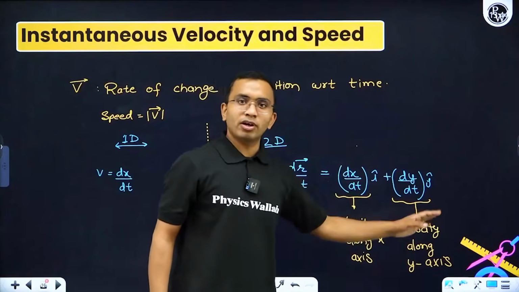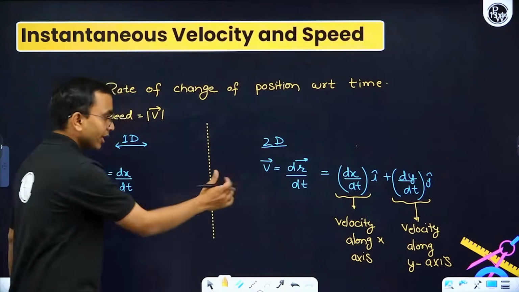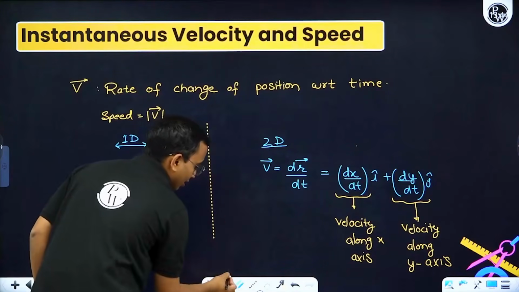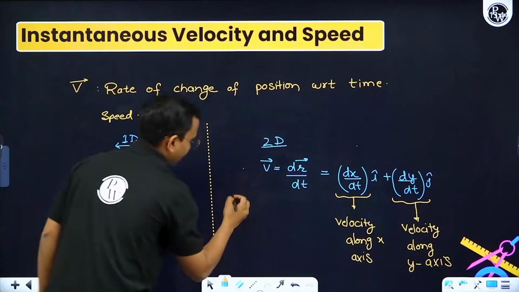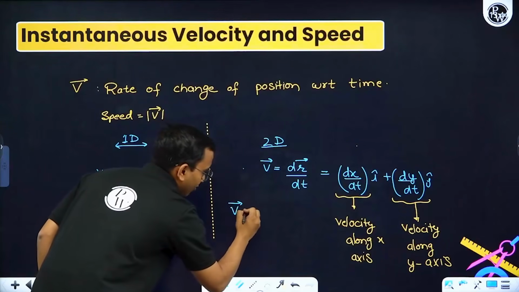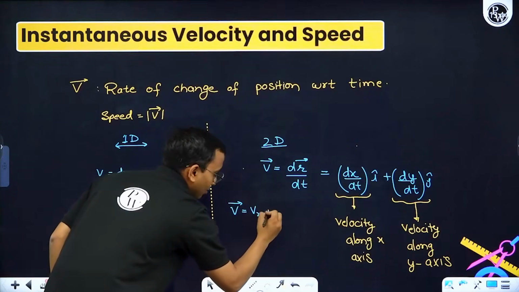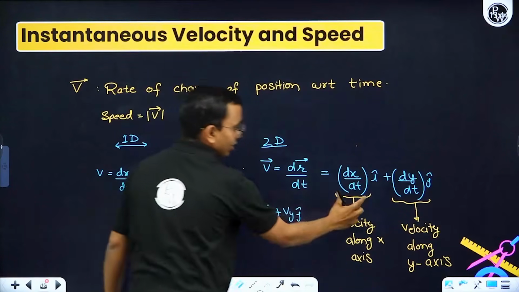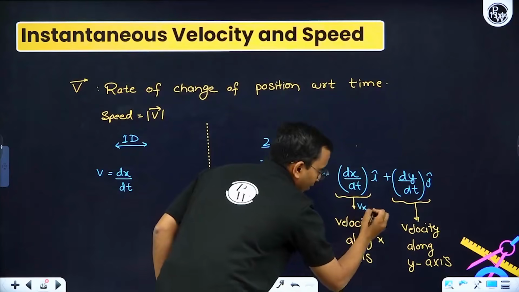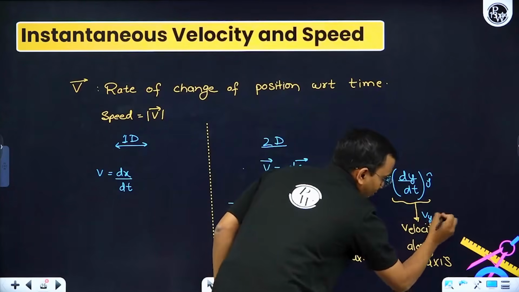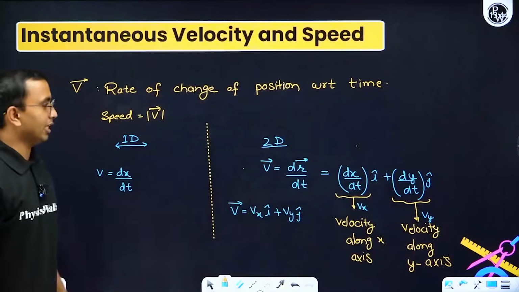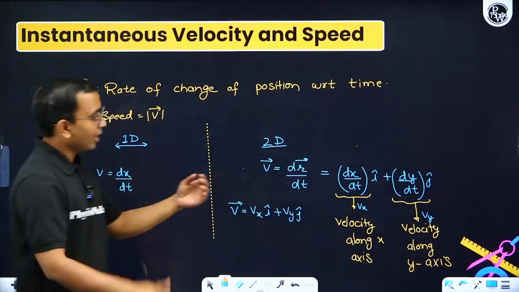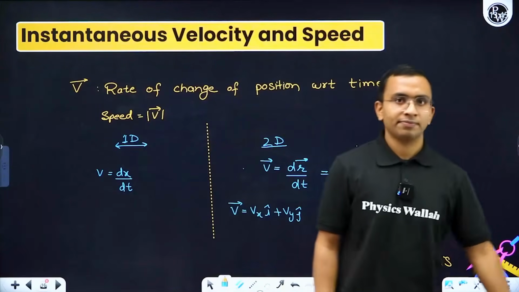That will become the velocity along the z-axis. So here I can write my velocity vector as vx i cap, vy j cap. This becomes my vx, this becomes my vy separately. And if there is z also, that is my vz.